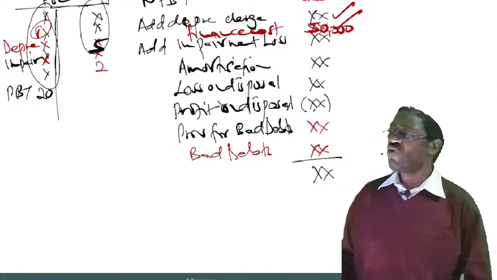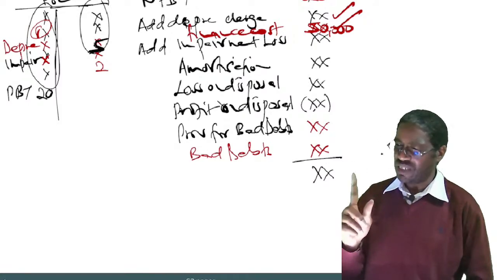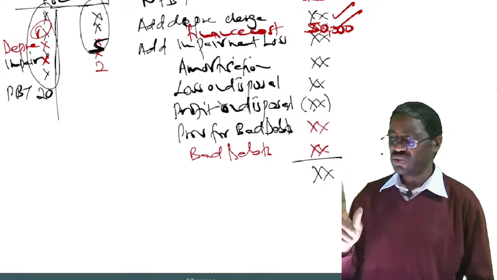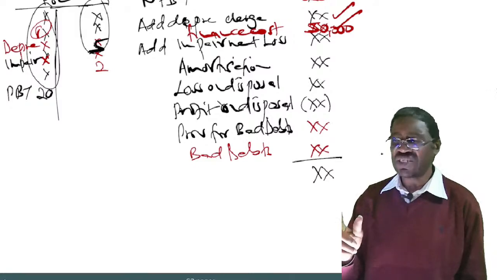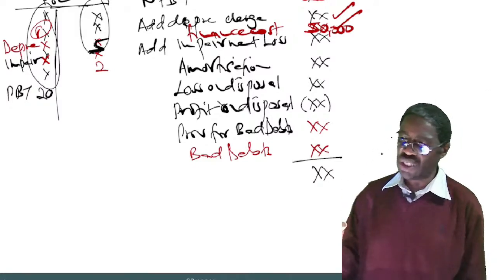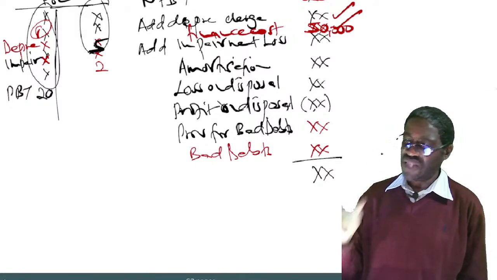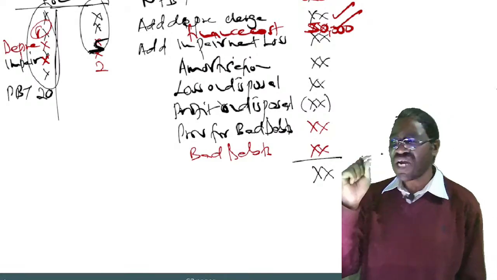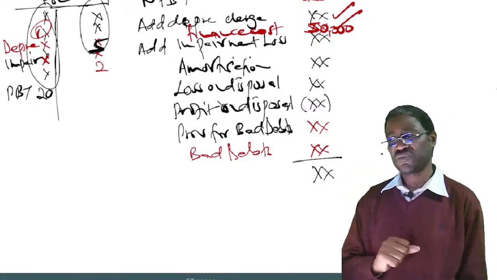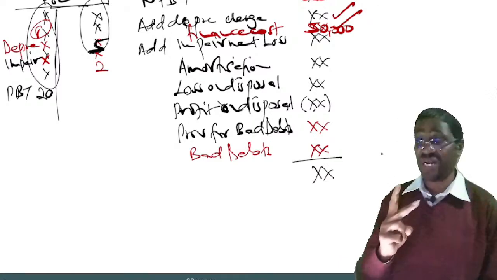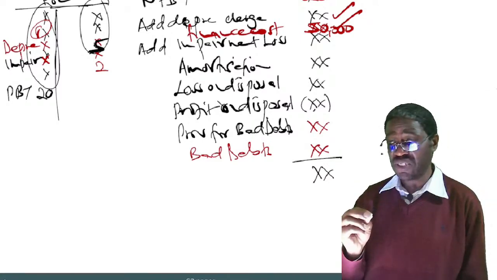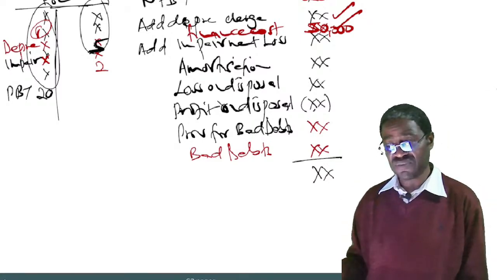Anytime the examiner gives you a question on cash flow, that question will give you the income statement for the year, and two balance sheets, one for last year, another one for this year.